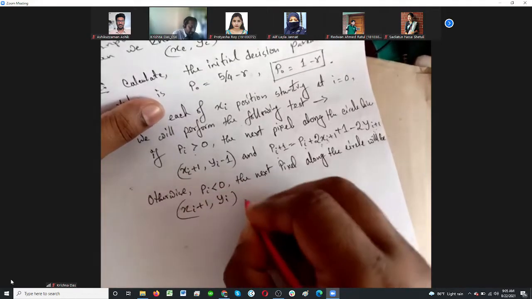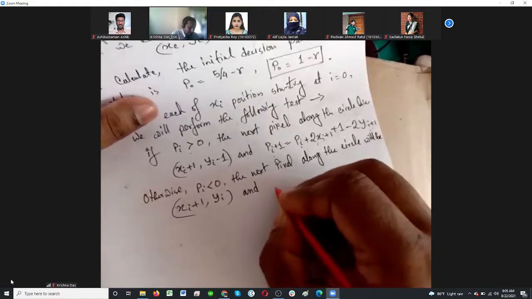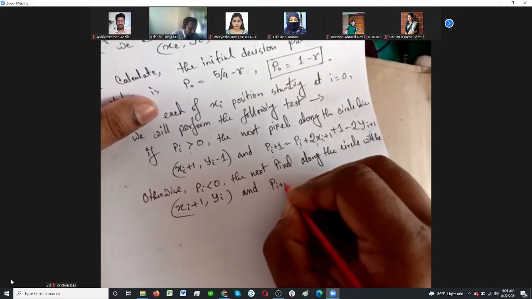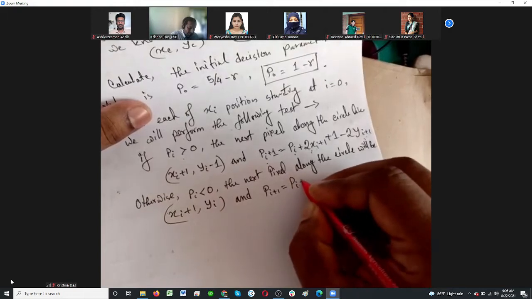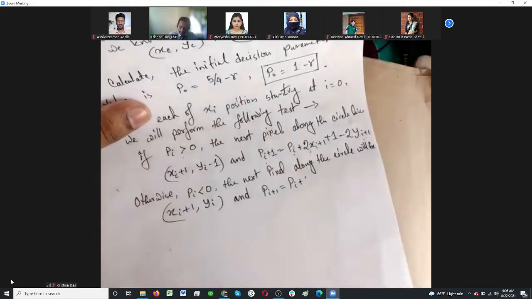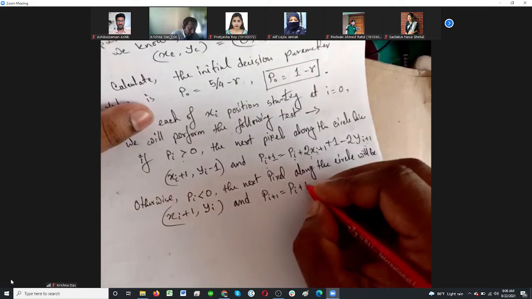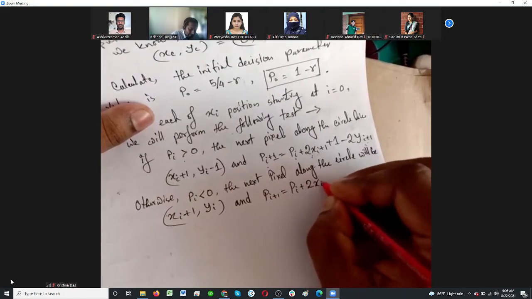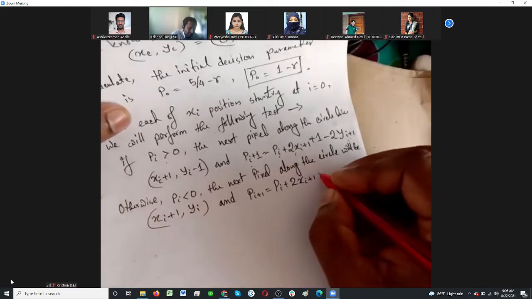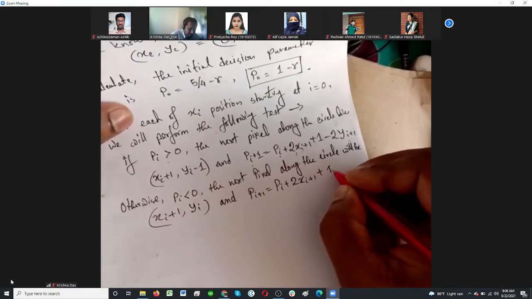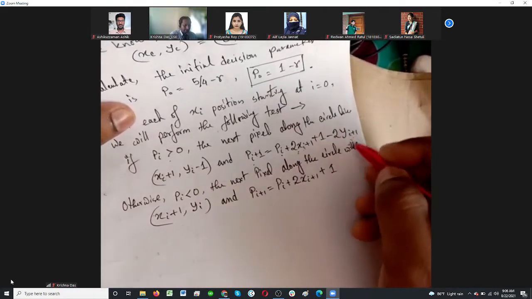Okay, and the next decision parameter is p of i equal to the previous p of i plus 2x(i+1) plus 1. So here there is also a pattern: the x value will be multiplied twice, plus 1.